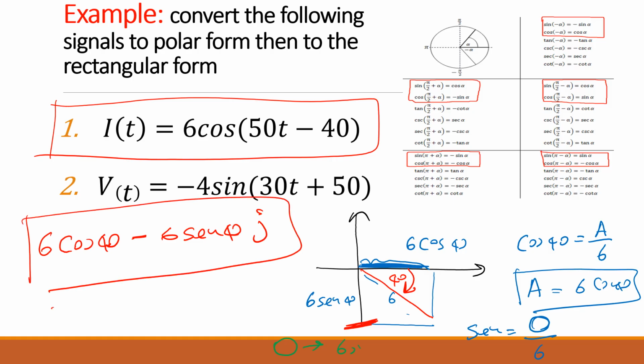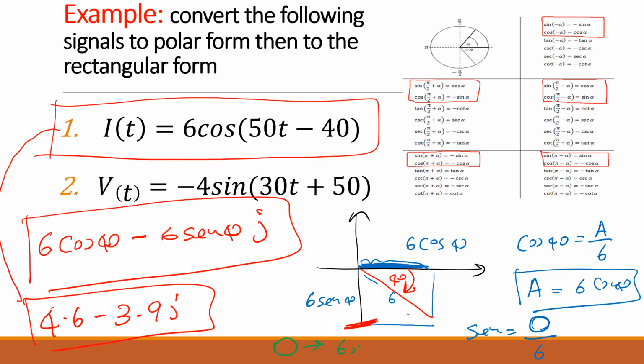What is 6 cos 40? 4.6 minus 6 sine 40? 3.9j. So we have converted the cosine form into polar form first, and then we converted it to the rectangular form. Are we good?